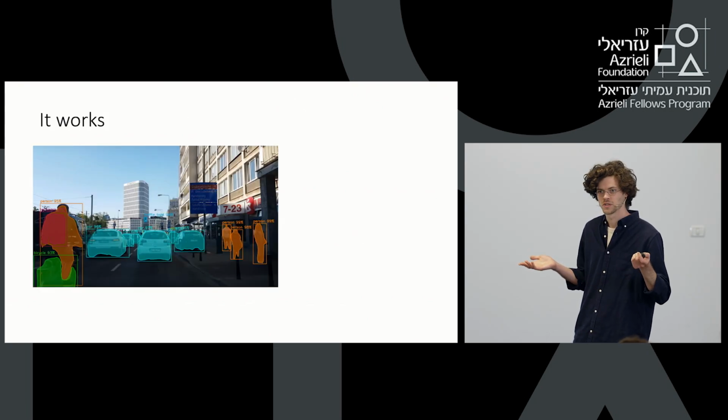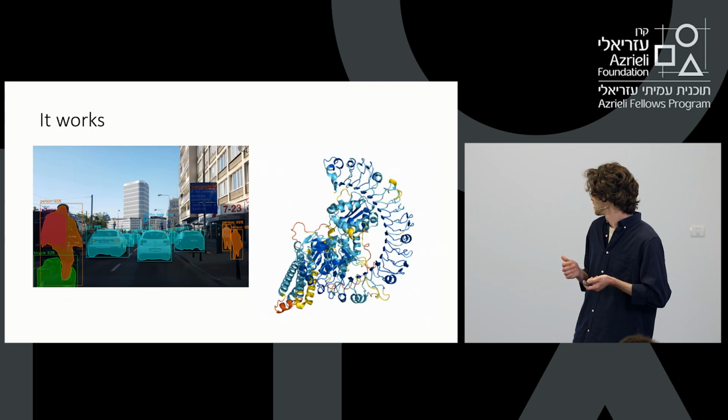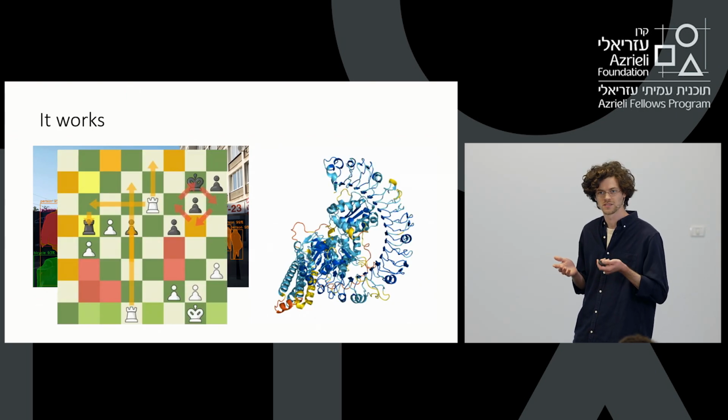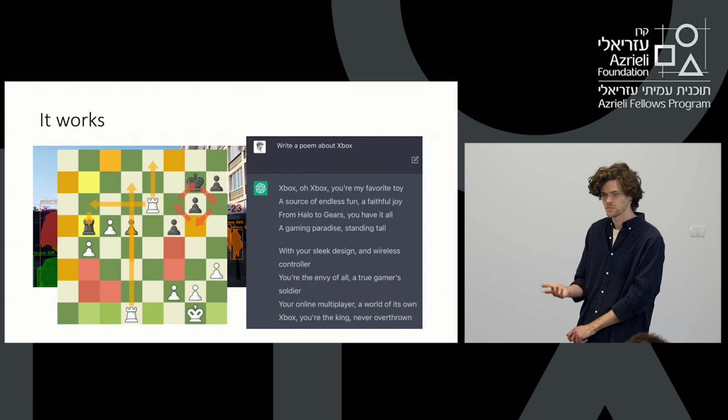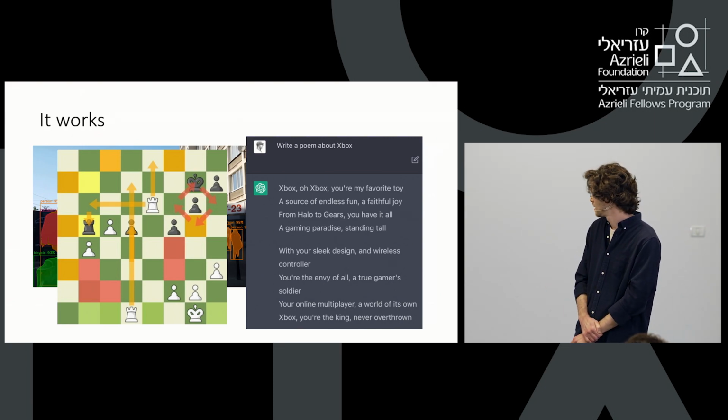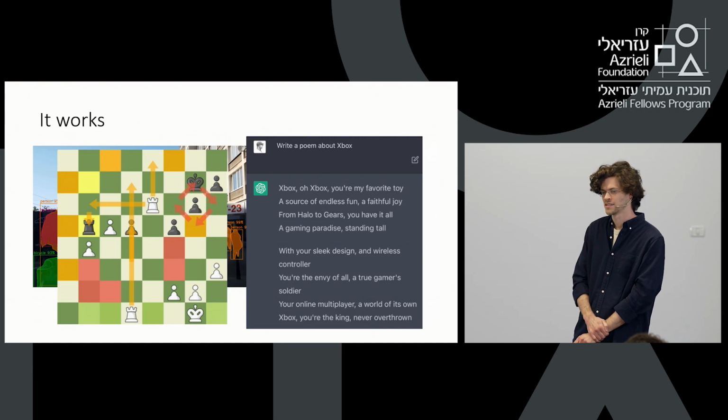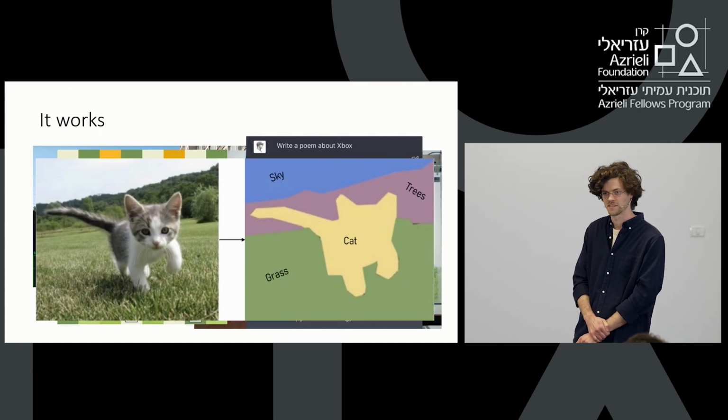It allows people to build autonomous cars, to predict protein structures, to build chess engines which are better in chess than any human being will ever be, to design chatbots, which became very popular throughout the last couple of months, and most importantly for this talk, allows people to identify cats quite reliably.